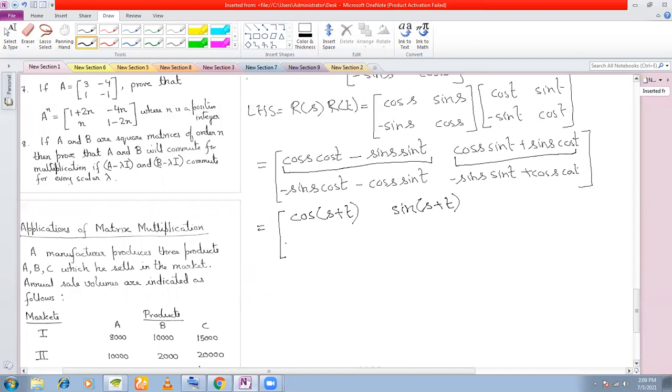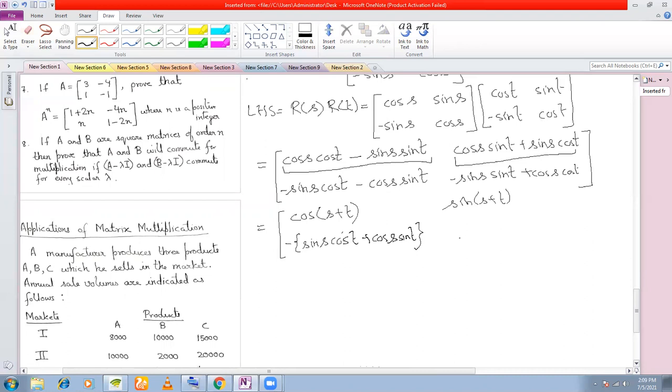What about this? Let me just write a little distant here. This should be minus sin (S plus T). Minus sin S cos T plus cos S sin T.